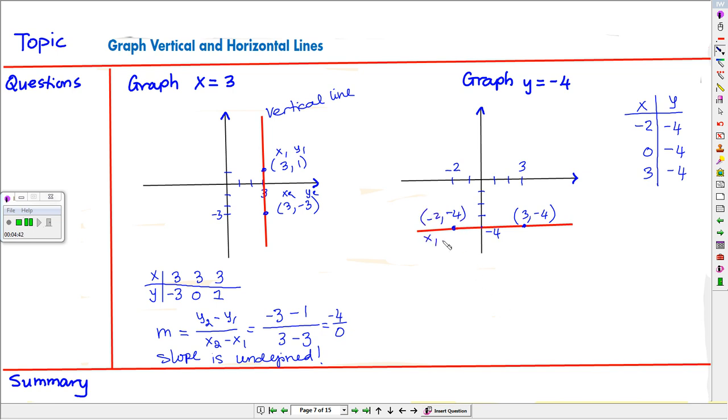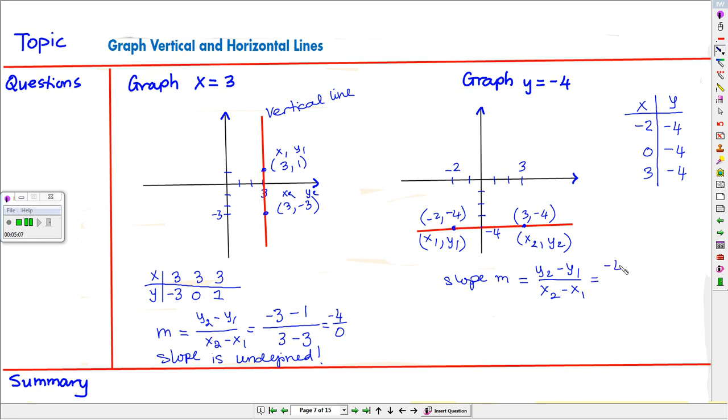So this will be our x1, y1, and this will be our x2, y2. So therefore the slope m is y2 minus y1 over x2 minus x1.